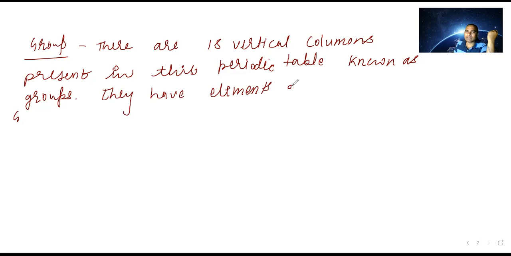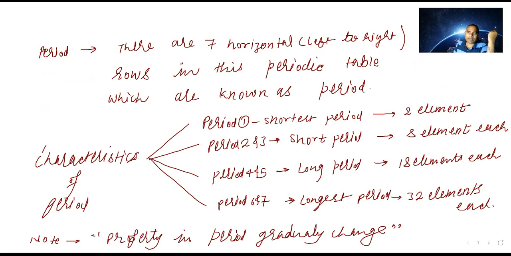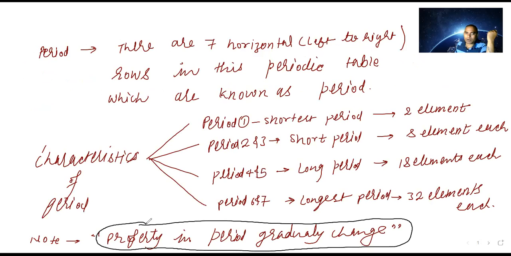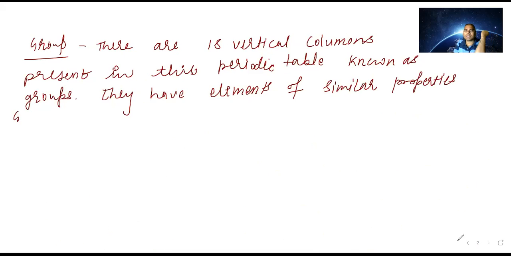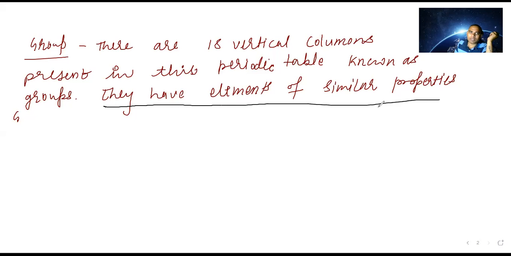But previously, in the period, you can see the property gradually changes, which means in a period the properties are not the same. But in a group, they have elements of similar properties. This is the point. So this is the group.